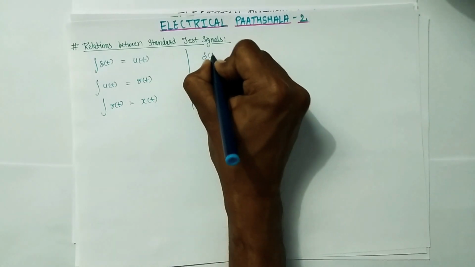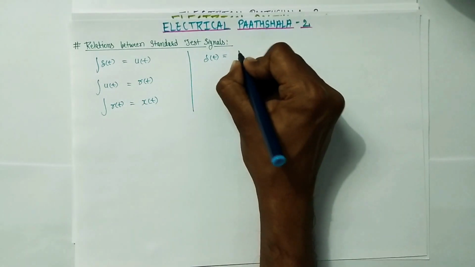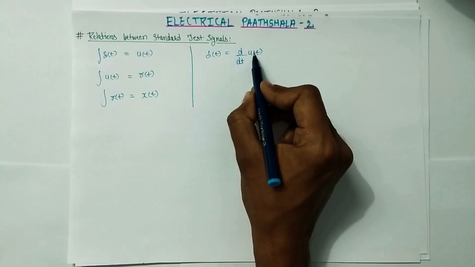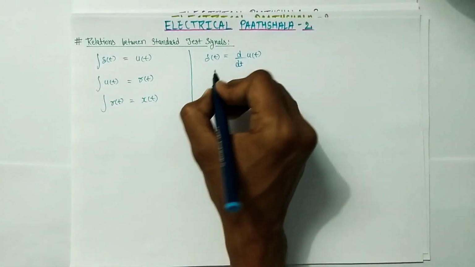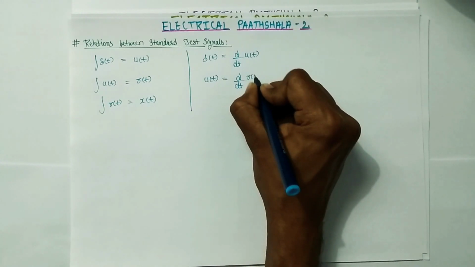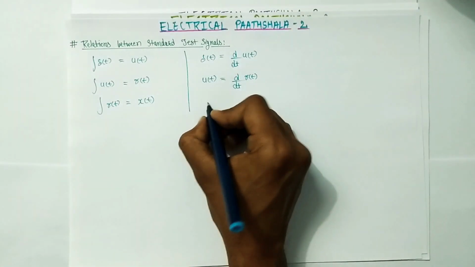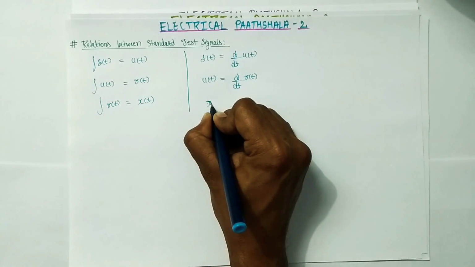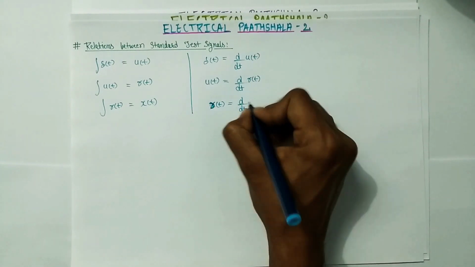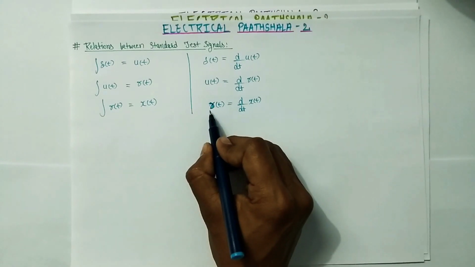Here delta(t) can be given like this: delta(t) equals d by dt of u(t). The derivative of the step signal will give you the impulse signal, and u(t) equals d by dt of r(t). The derivative of the ramp signal will give you the step signal, and lastly r(t) equals d by dt of x(t). The derivative of the parabolic signal will give you the ramp signal.